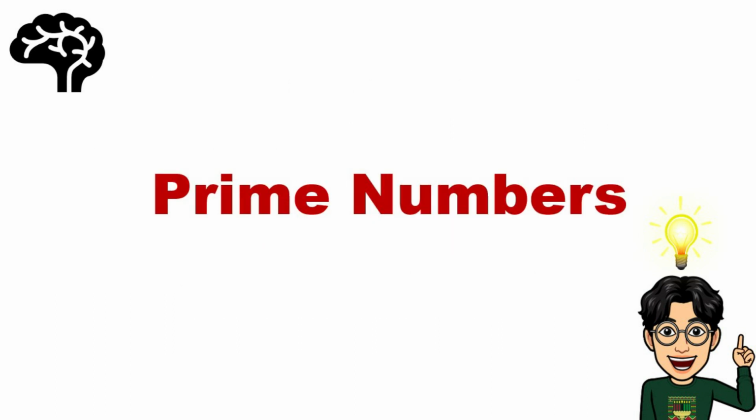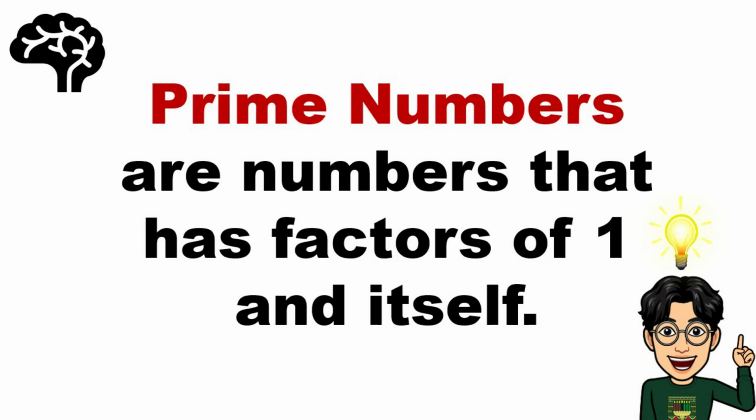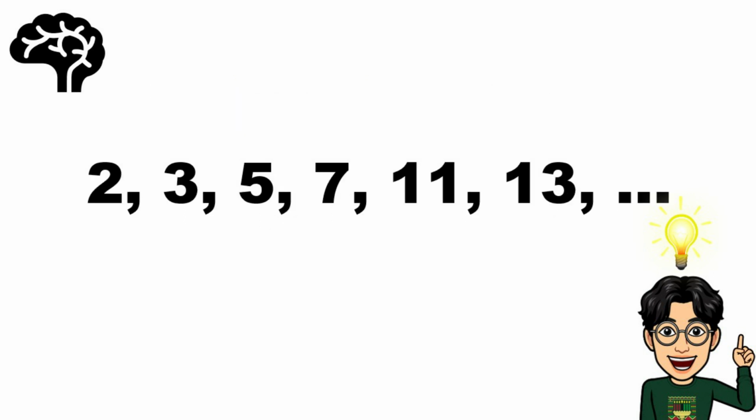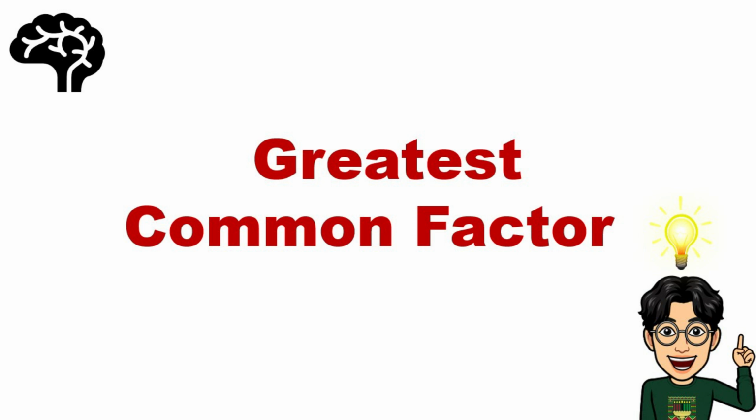Let's familiarize ourselves with prime numbers. Prime numbers are numbers that have factors of only 1 and itself. Examples are 2, 3, 5, 7, 11, 13, and so on. Greatest common factor.